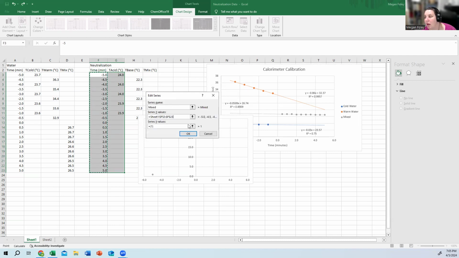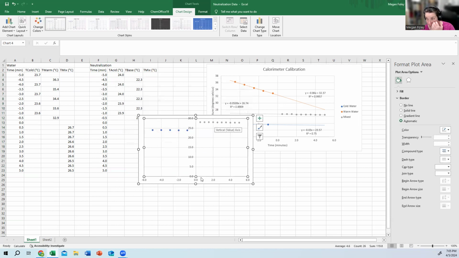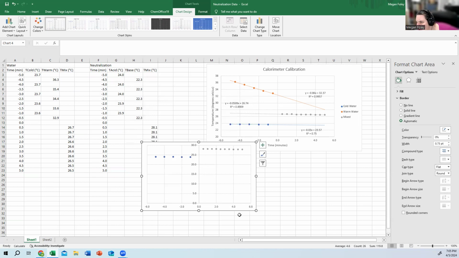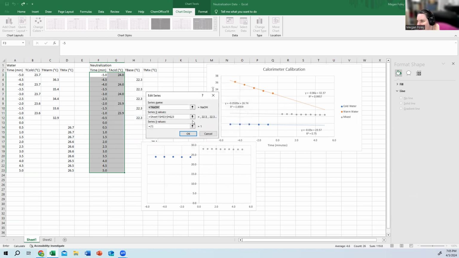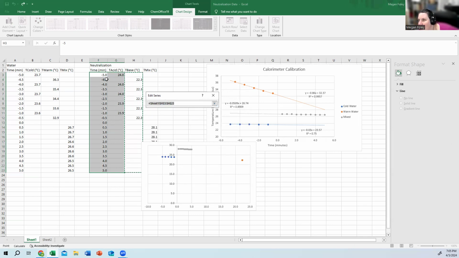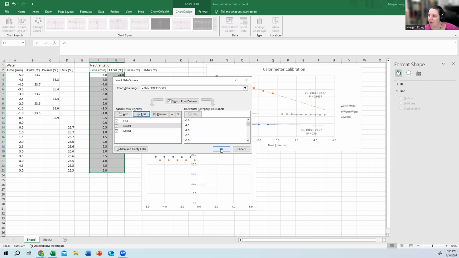Our X and our Y. Definitely trying to figure out what's going on here. Okay, there we go. That looks much better.